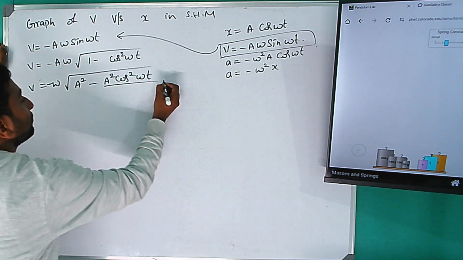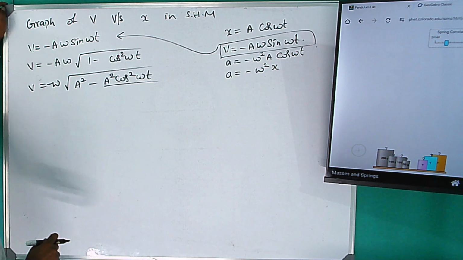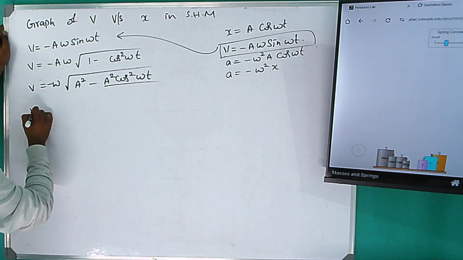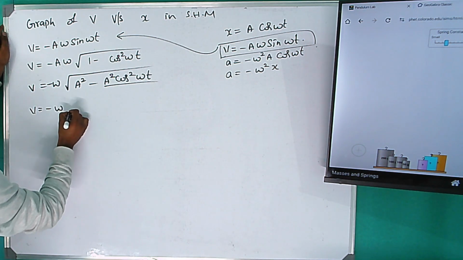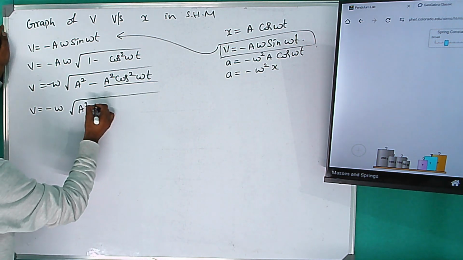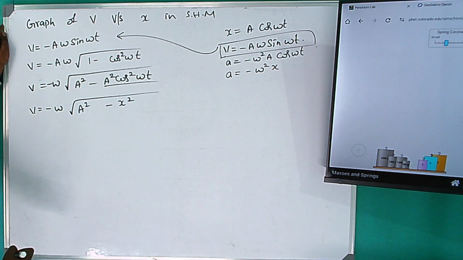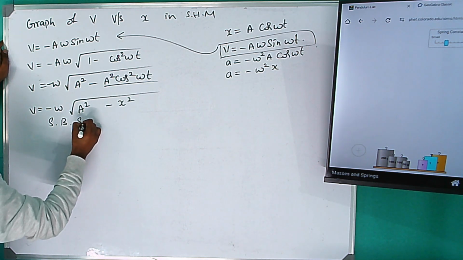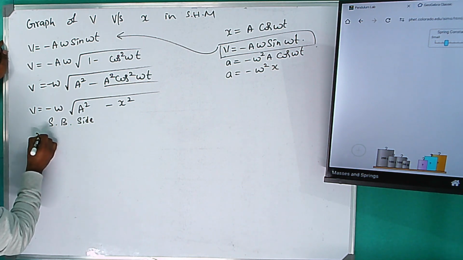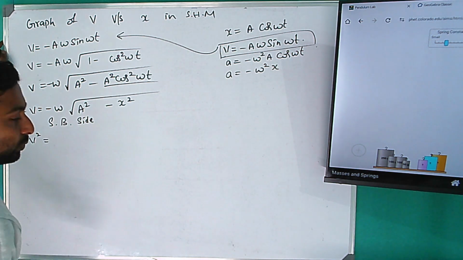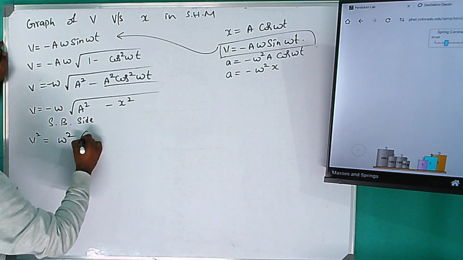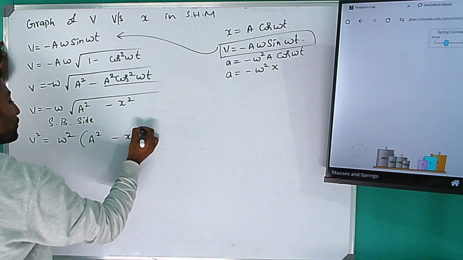What is this term? a cos omega t is nothing but x. a square cos square omega t is nothing but x square. v is equal to minus omega square root of a square minus x square. Let us square on both sides. v square is equal to omega square into a square minus x square.